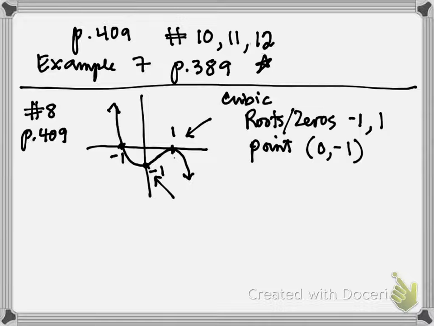So that would mean, since it bounces on 1, that this root 1 will have a multiplicity of 2. Multiplicity of 2. So that makes it 3 zeros here, right? So 1 appears twice, and then a -1.